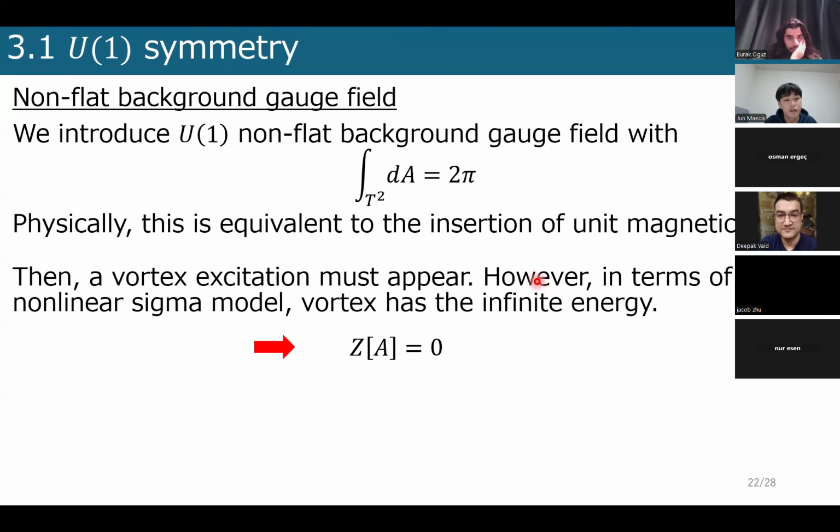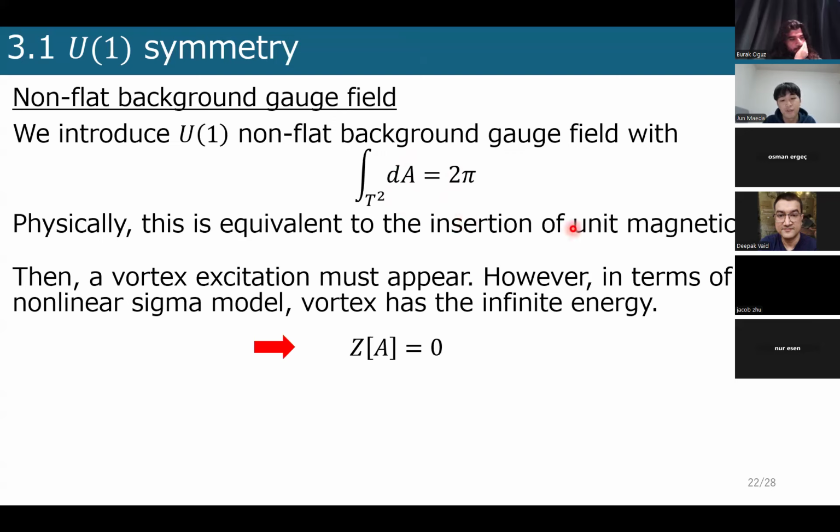Then I will explain the non-flat background gauge field case. Here we introduce a U1 non-flat background gauge field with this relation. This means we insert the unit magnetic flux.